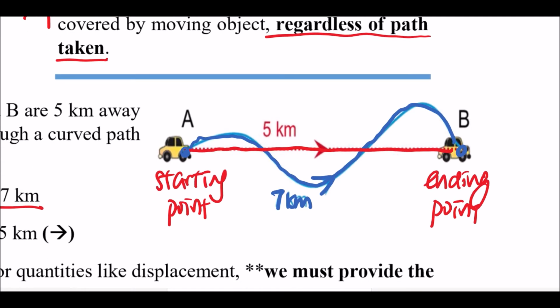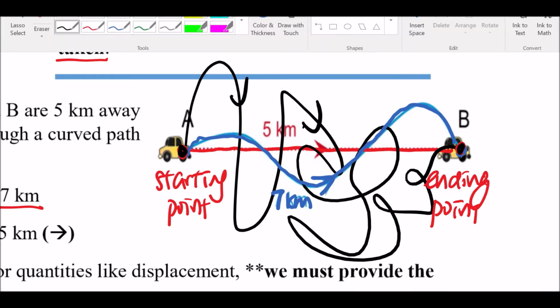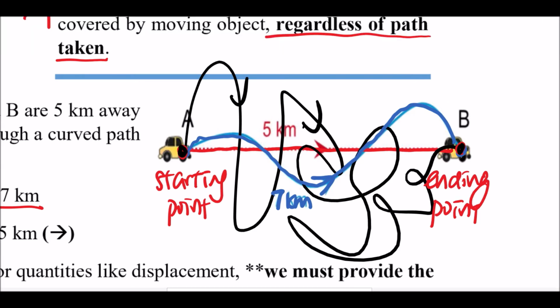The answer is 5 kilometers because A is the starting point and B is the ending point. I don't care what path this object takes. The object could take this weird path. So long as it starts at A and ends at B, the displacement is always 5 kilometers. But the distance is totally another thing.